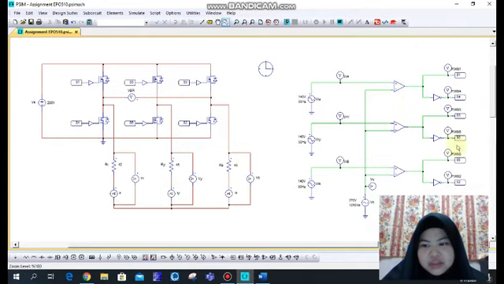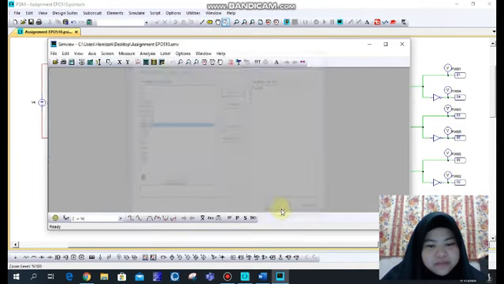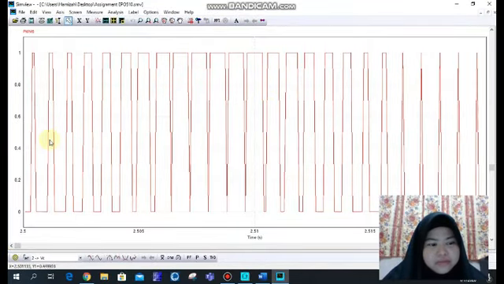Inverted means that they have the inverter. So this PWM6 is actually the PWM2. Before this, the PWM3 is the PWM1. So I just run the simulation and click PWM6, and this is the result of the waveform.